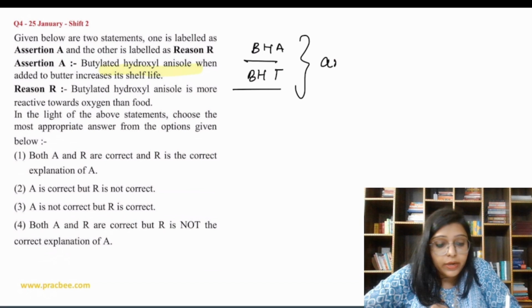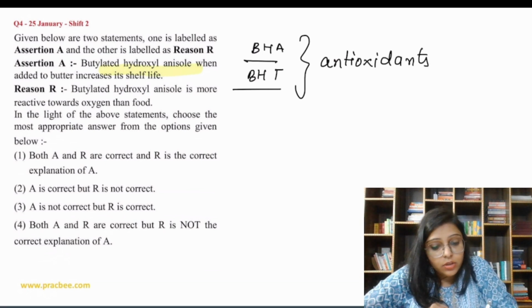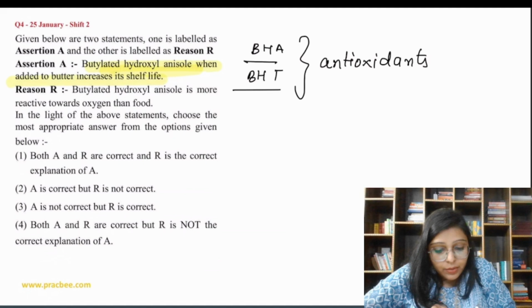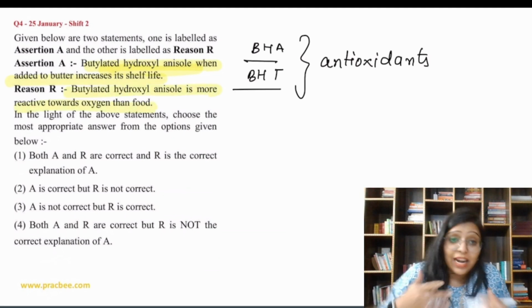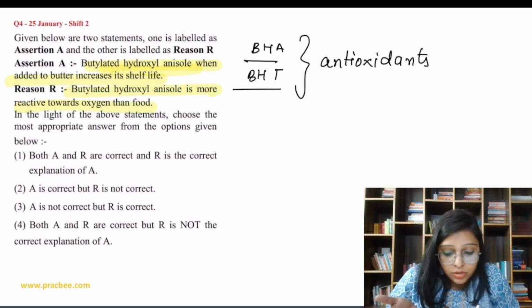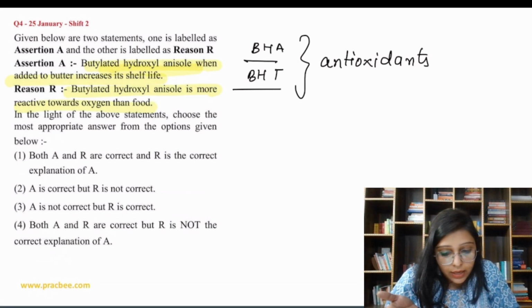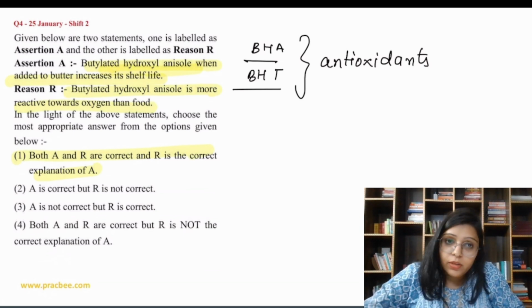They are very good antioxidants, right? The question says butylated hydroxyanisole when added to butter increases its shelf life. Yes, it's true. Butylated hydroxyanisole is more reactive towards oxygen than food. Yes, that is the role of antioxidants. So both A and R are correct, and R is the correct explanation of A.